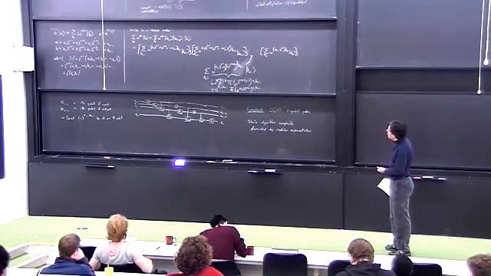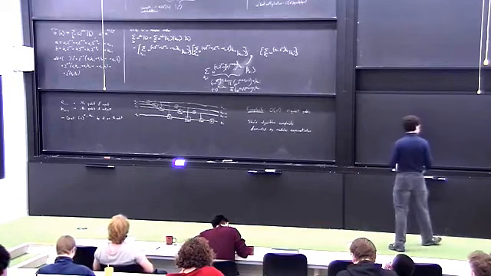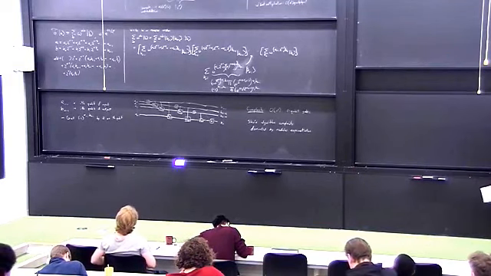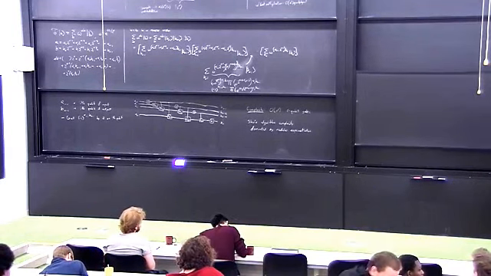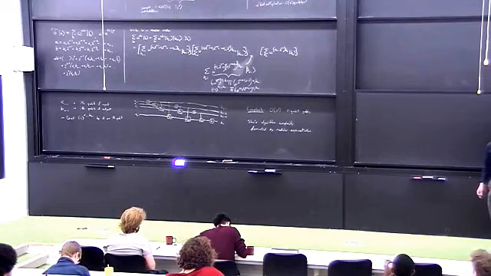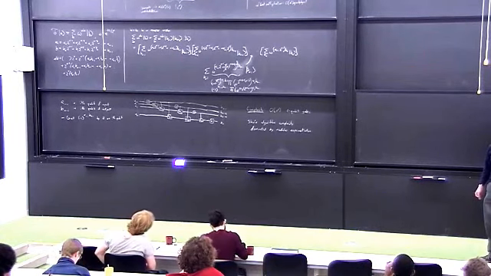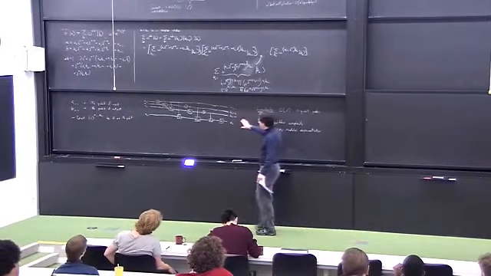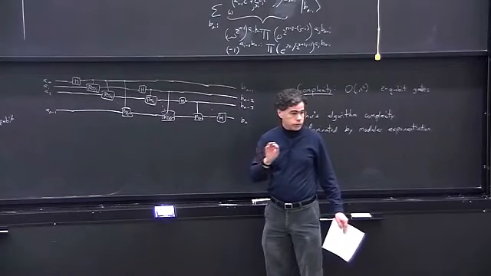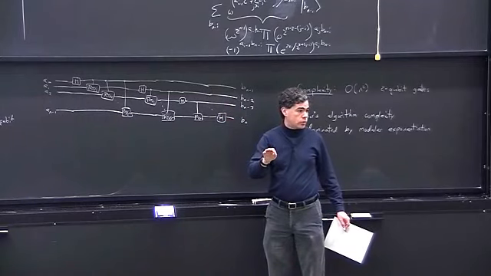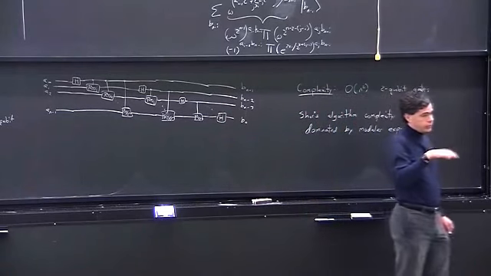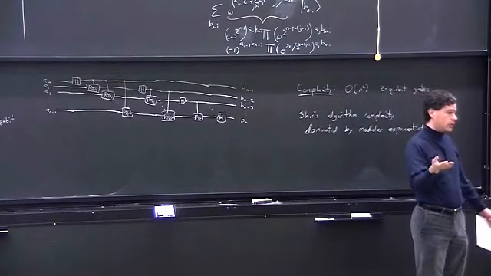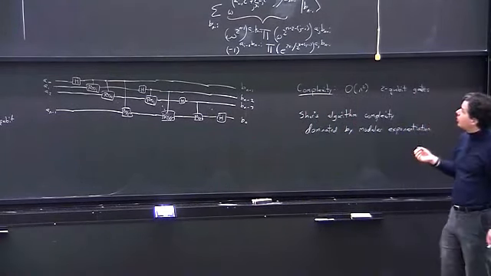So the Fourier transform is the Fourier transform over Z mod 2 to the n. But of course, little n depends on how big the number you're trying to factor is.